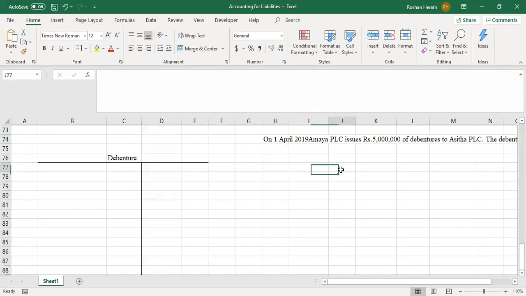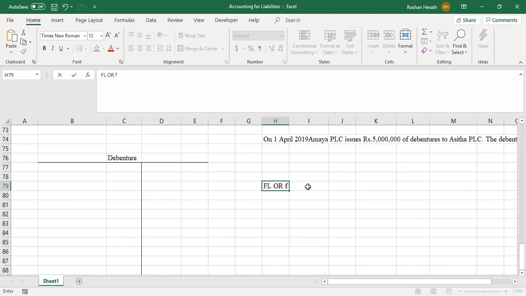You know, when it comes to the assets or liability, you can measure the financial liabilities or financial assets at fair value through profit or loss.